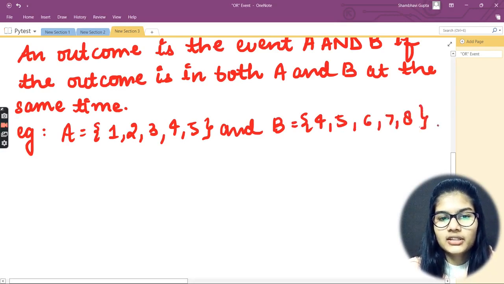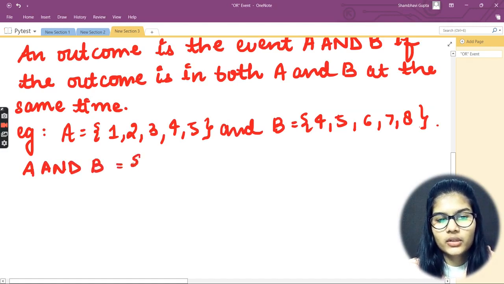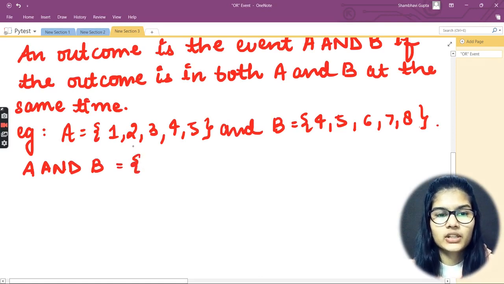Now if I have to write A and B, how will I write it? I'll write whatever common numbers I have in both lists, the common outcomes in both events. The common outcomes I have are 4 and 5.